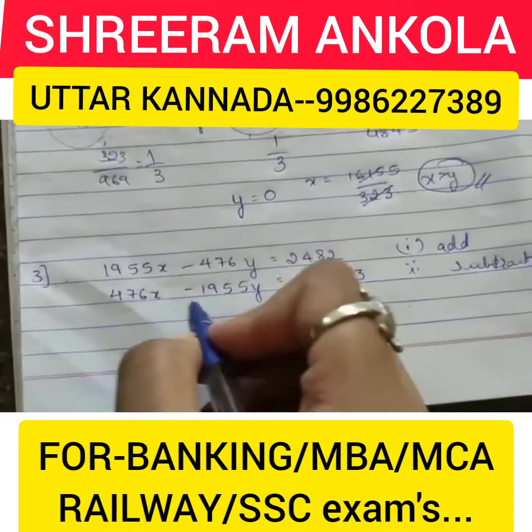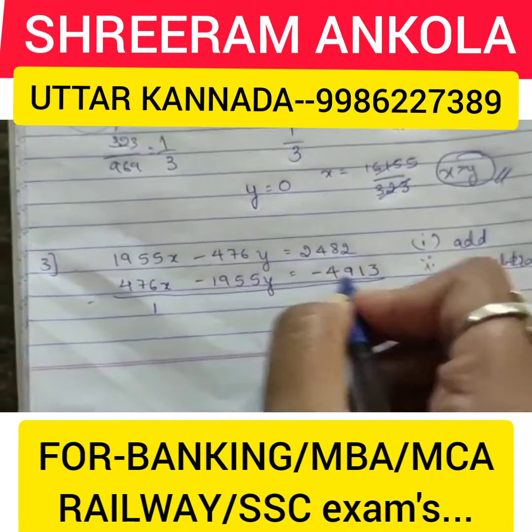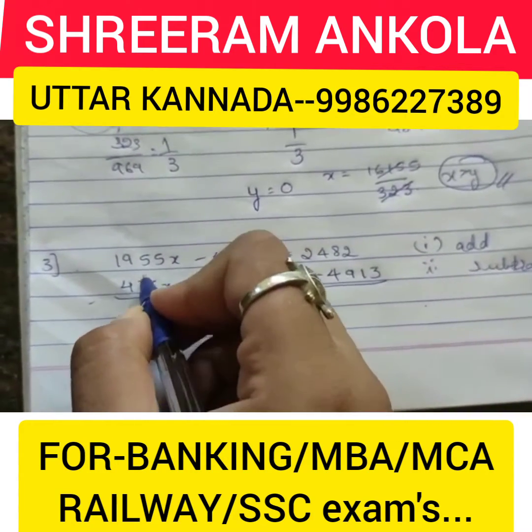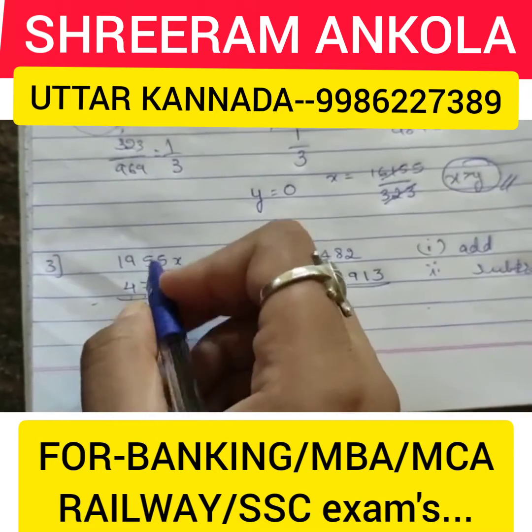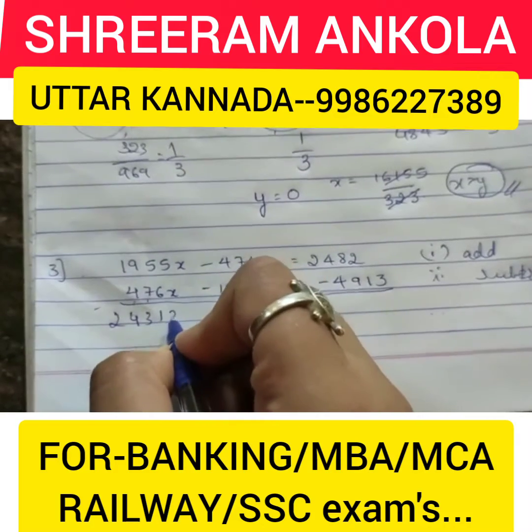But when you add this, like the first one, you will be getting 6 plus 5 is 11, 8 plus 5 is 13, 13 means 14, so 2, 4, 3, 1x.